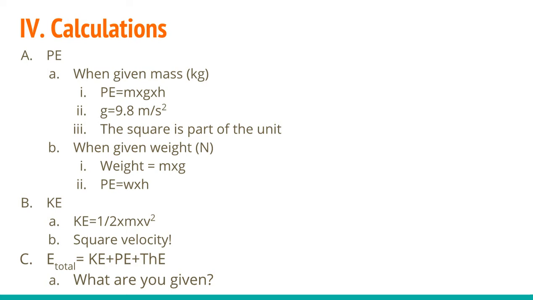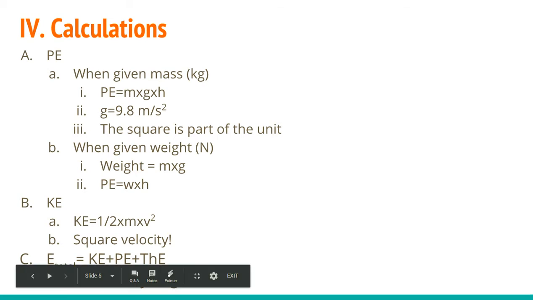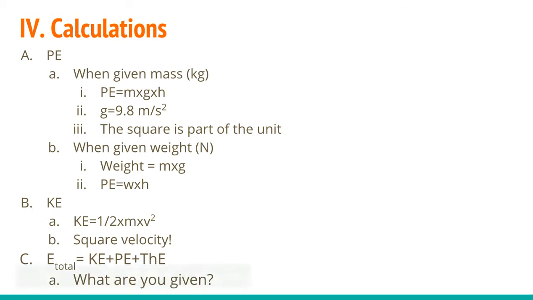Those are not energies. What you have to do at that point is use them to calculate the potential energy and calculate the kinetic energy, and then you can take those two numbers and put them into your total energy equation. You cannot just add their mass, their height, and their velocity. That's not how that works. You have to only add energy.